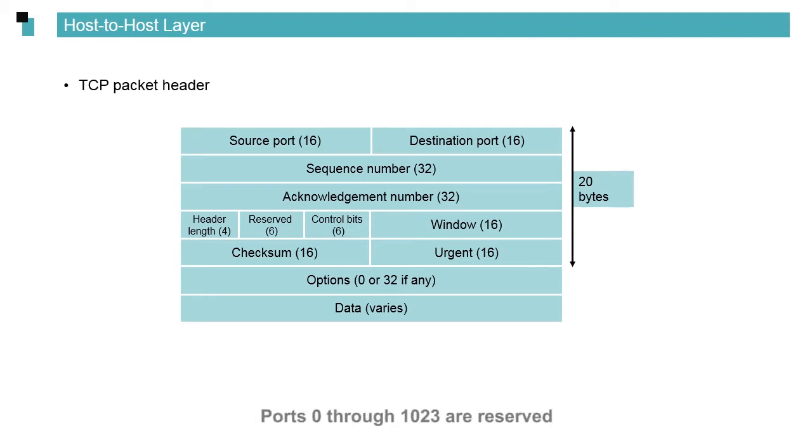Ports 0 through 1023 are reserved for some well-known applications. For example, port 80 is reserved for the HTTP protocol. Port numbers greater than 1024 are reserved for user-defined applications.